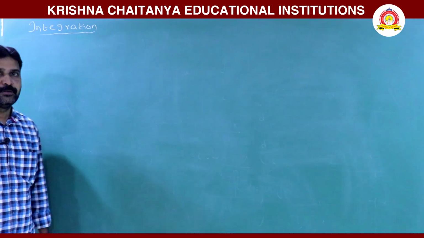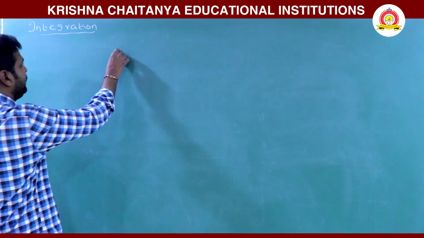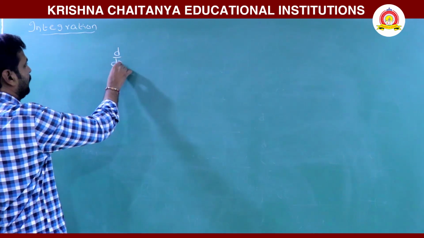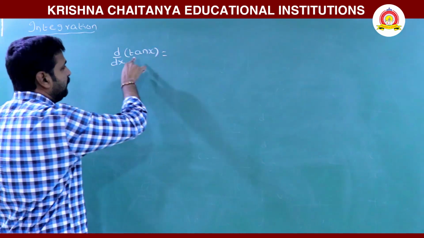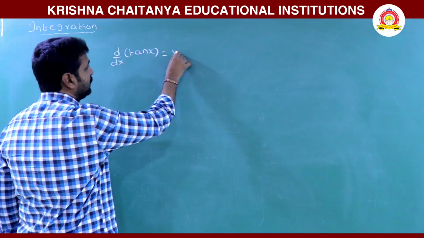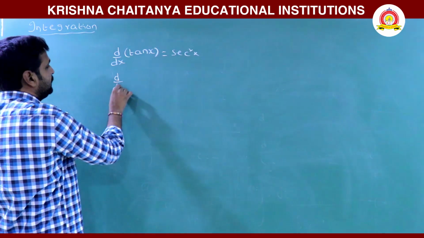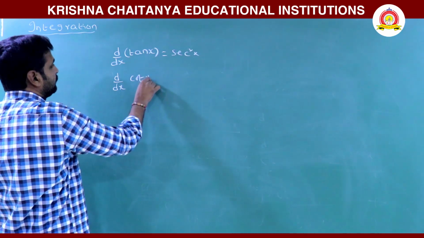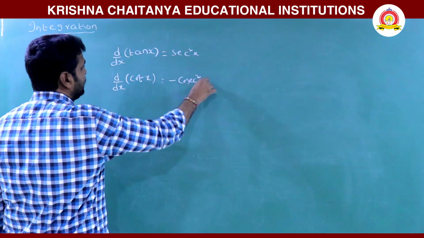Now d by dx of tan x, we got secant squared x. D by dx of cot x, we got minus cosecant squared x. So here first I am writing differentiation. D by dx of tan x, what we got? Secant squared x. D by dx of cot x is minus cosecant squared x.